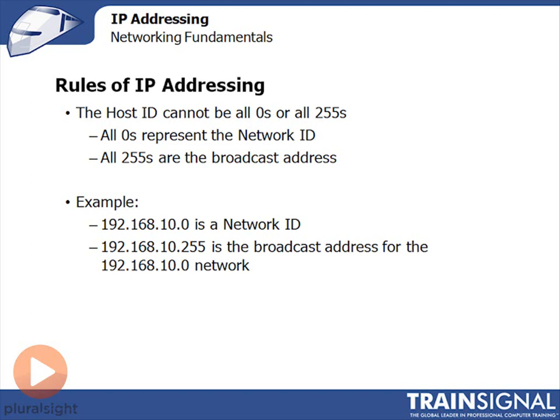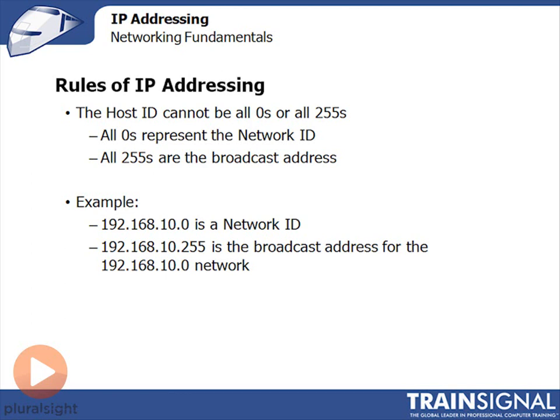And you can't have all 255s or all ones for the host ID because that represents the broadcast address. You might recall from a previous lesson that we talked about broadcast communication, where one sender sends out a transmission destined for all computers on the network. That's a broadcast.